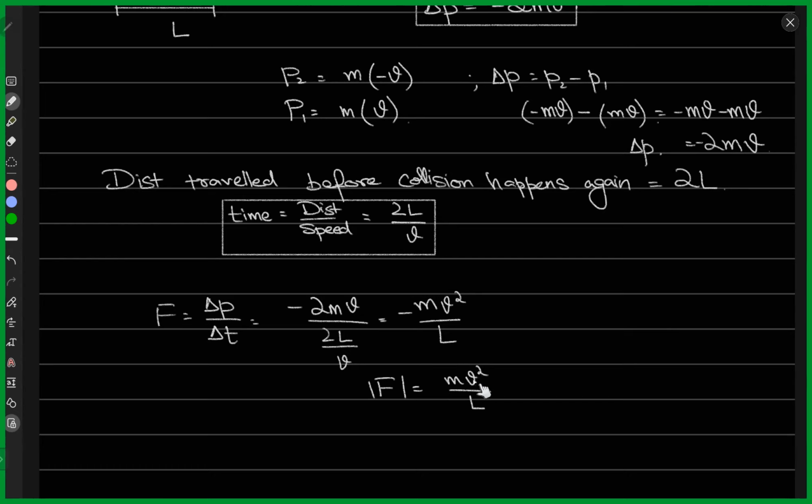How did we write down the, what is this called? Force. Yes, sir. Impulse is similar to force, but it's not exactly force, by the way. So it's not change in momentum by time. Impulse is when you hit something.